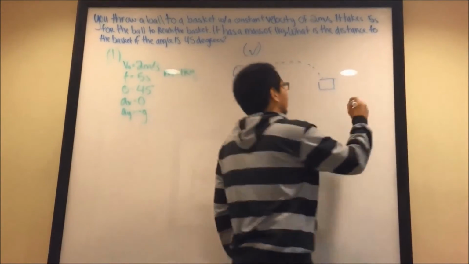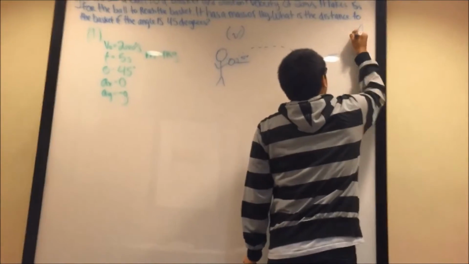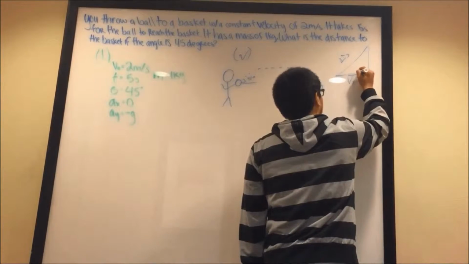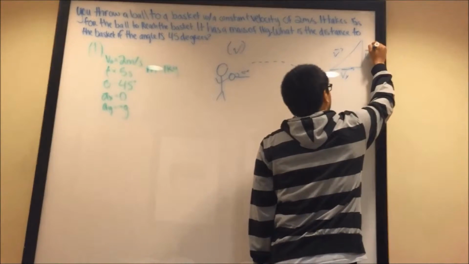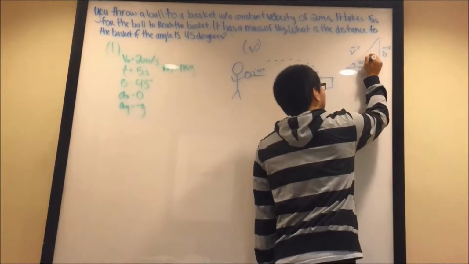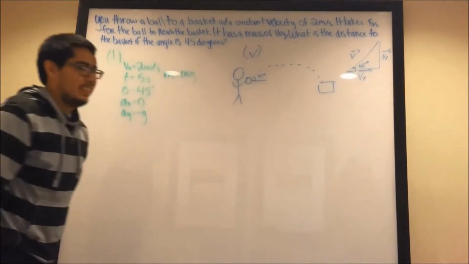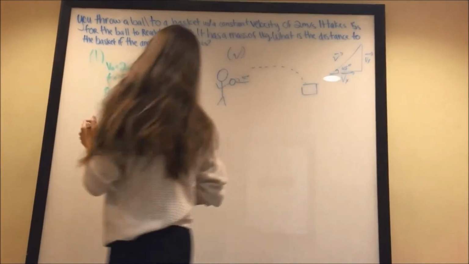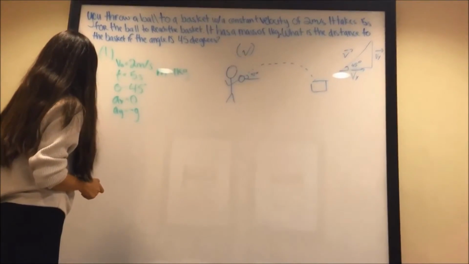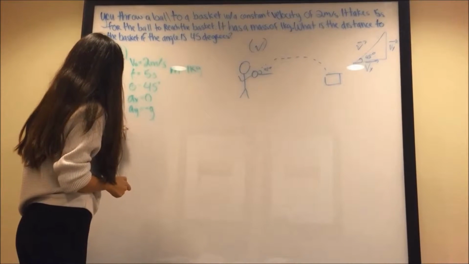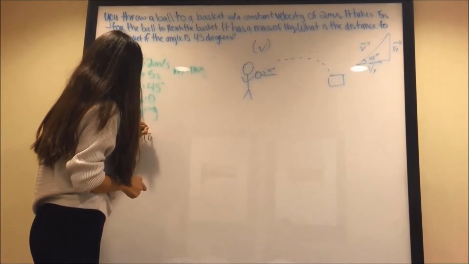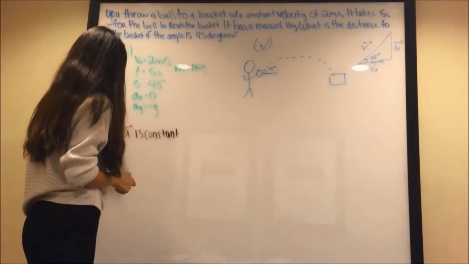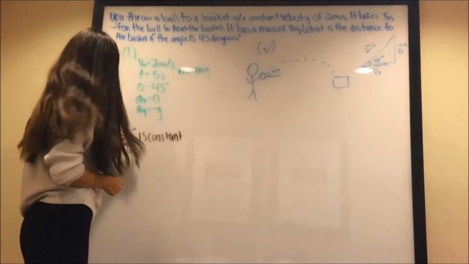Alright, so you're going to want to get your velocity vector, and you're going to want to get it in terms of x and in terms of y. And you want to get the angle. So our justification for this problem is that because acceleration is constant, we can use all kinematics equations.